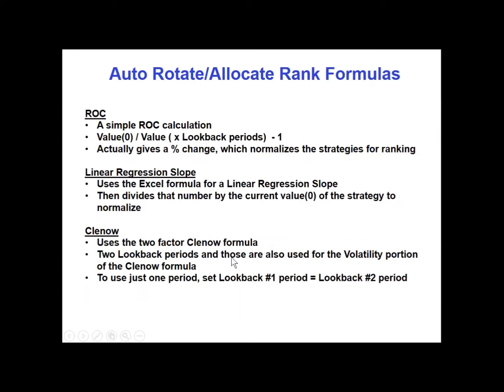Then there's the Clino, which is a little more detailed, so I didn't put it all in here, but it uses the 2 look-back periods, and they're also used for the volatility portion of the Clino formula. Now, some people like to use the Clino formula with just 1 look-back period. If you want to do that, you just make look-back 1 equal to look-back 2.